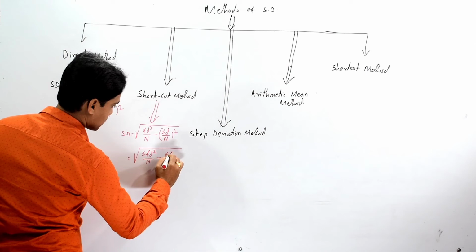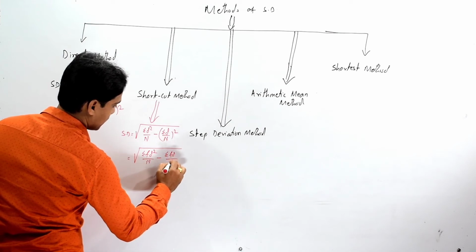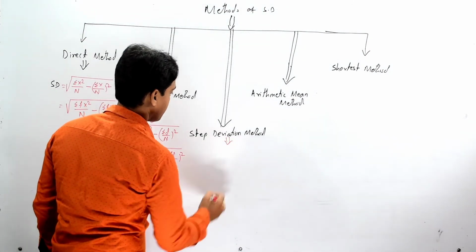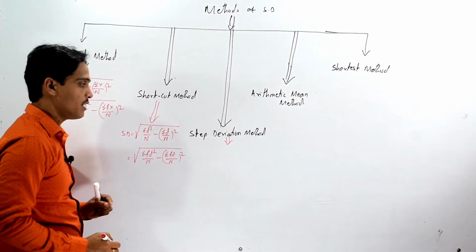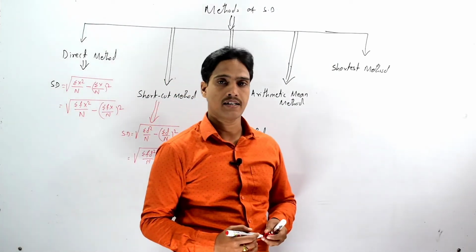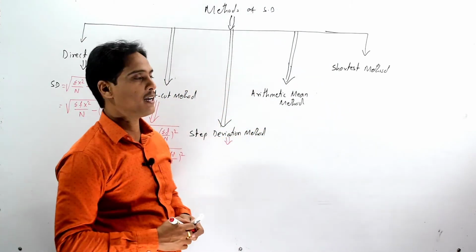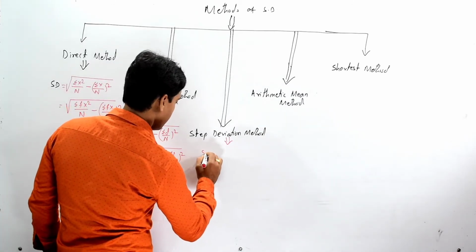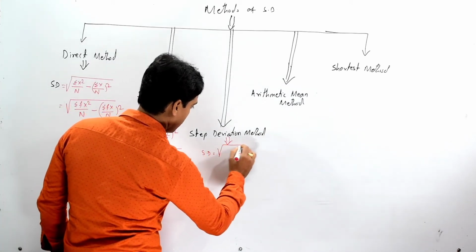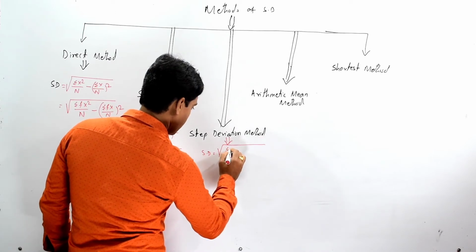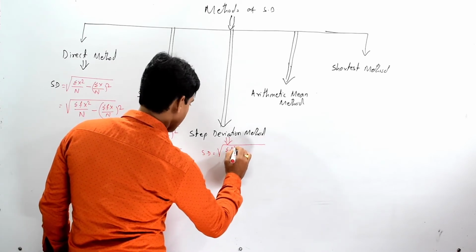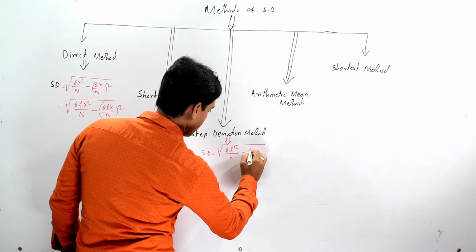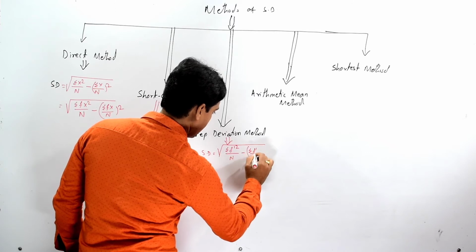In case of the step deviation method, we divide the deviations by the common factor or the class interval, that is standard deviation equals whole root of summation d dash square by n minus whole square of summation d dash by n.